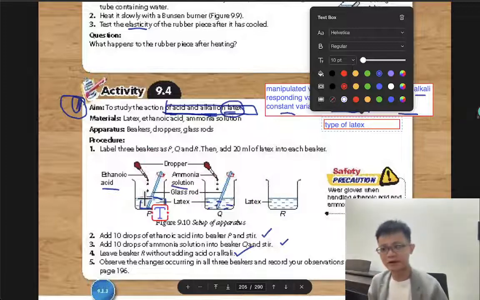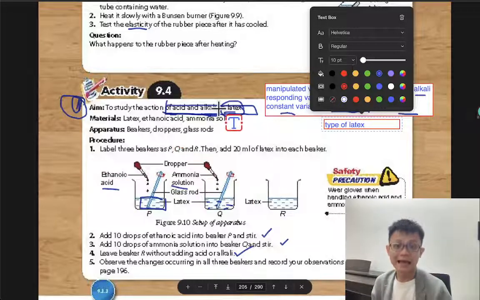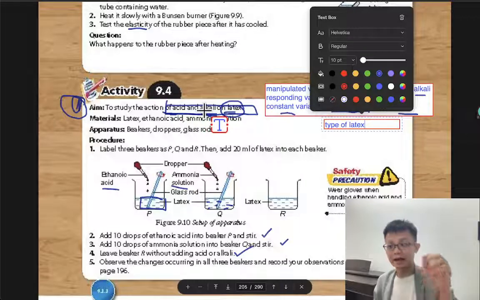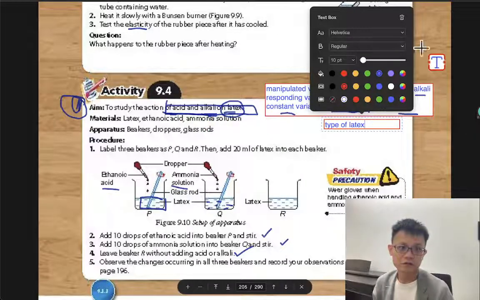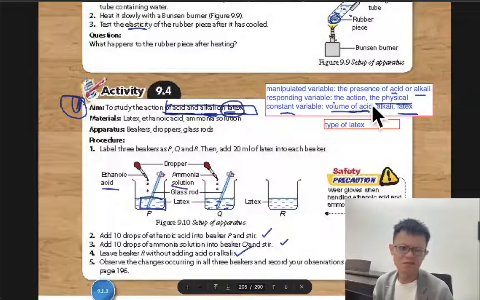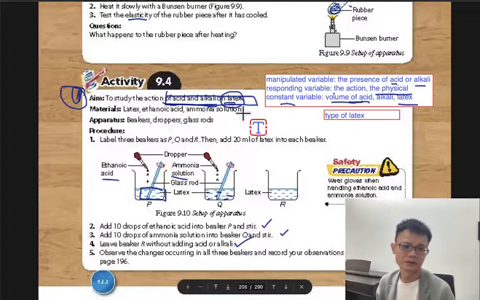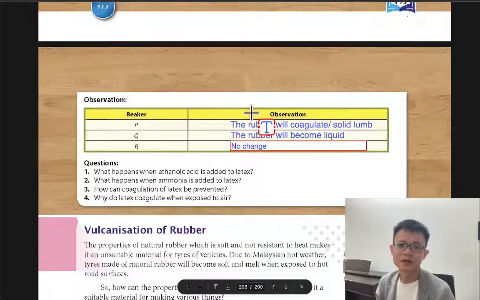But for this experiment, we just want to know the effect of acid and alkaline on latex. So of course, the limiting factors, the other variables, we want to eliminate them. But for your exam, you usually put one, 1 or 2 is enough. But sometimes there will be 5, 6, 7, 8 as well. So that's the experiment.